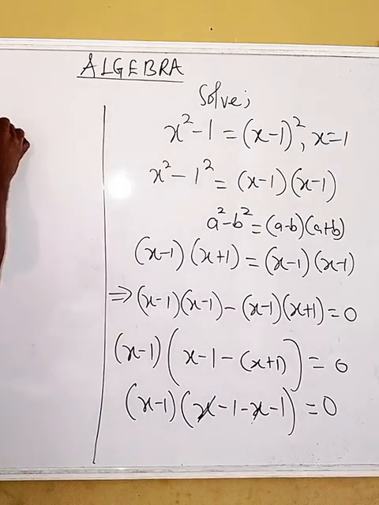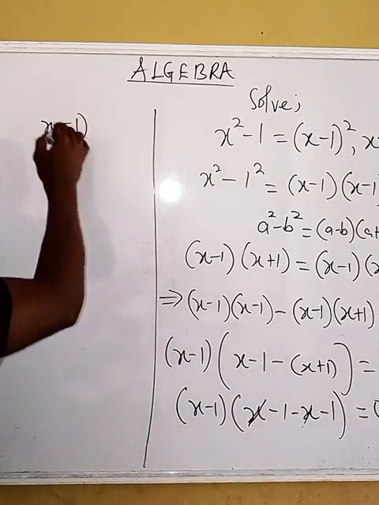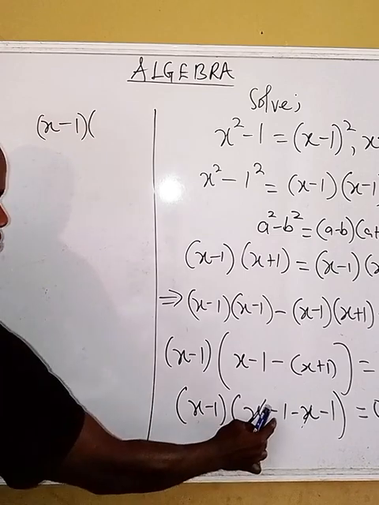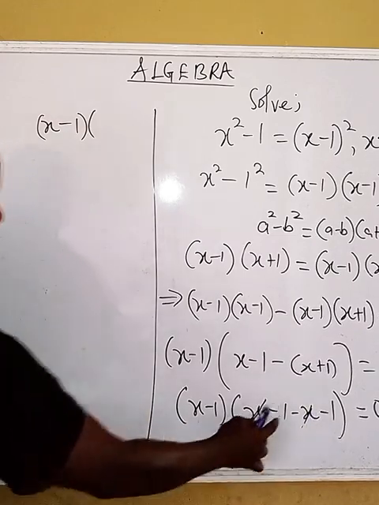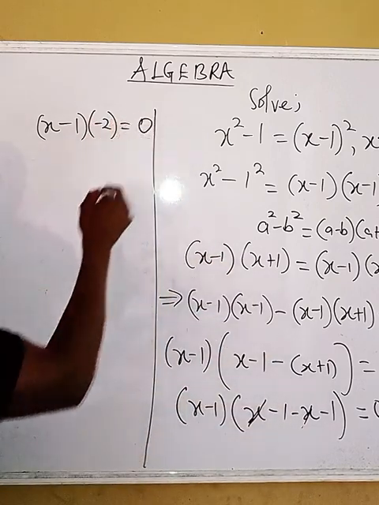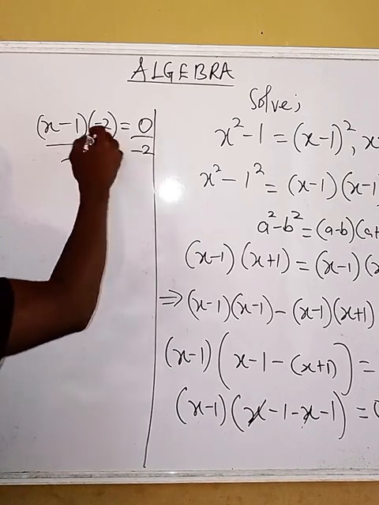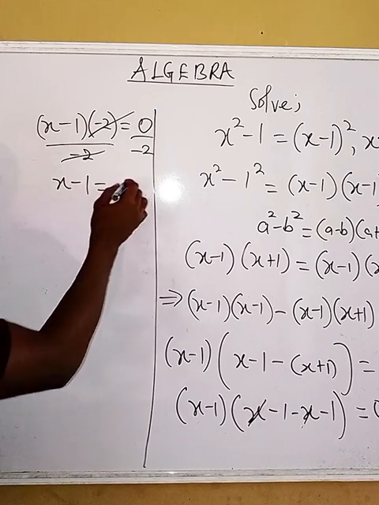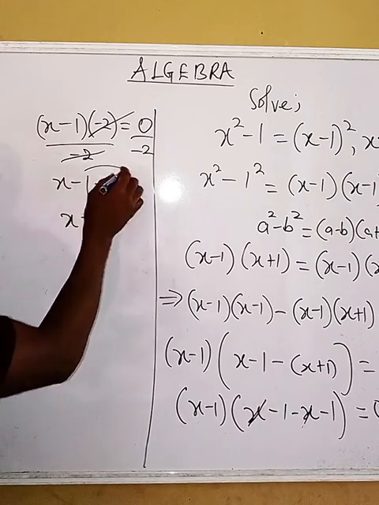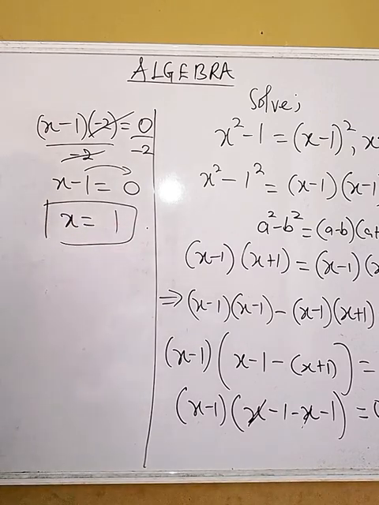We are left with x minus 1 times minus 2, because 1 minus 1 minus 1 is minus 2, equals 0. When you divide both sides by minus 2, we have x minus 1 equals 0, then taking the 1 to the right hand side, x is 1. And that's the solution.